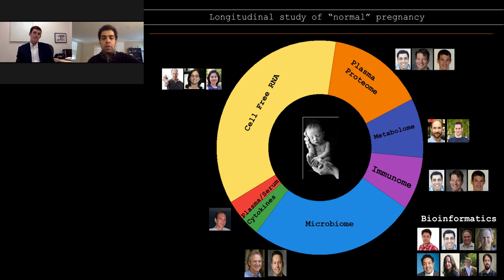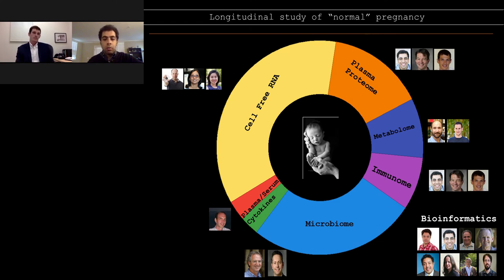We have metabolomics analysis of the same cohort by the Snyder lab, the mass cytometry data set that we just showed you, as well as fairly extensive microbiome profiling and analysis of plasma and serum, all done here at Stanford. And of course, this is done in collaboration with a large bioinformatics team. Most importantly, Sajjad over there in a red shirt did much of this work that I will be talking about here.